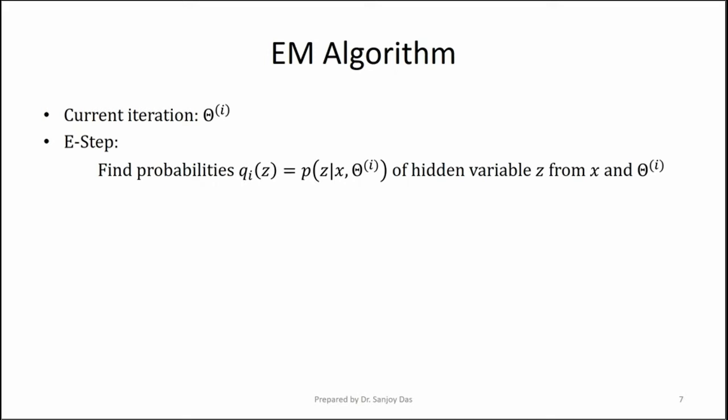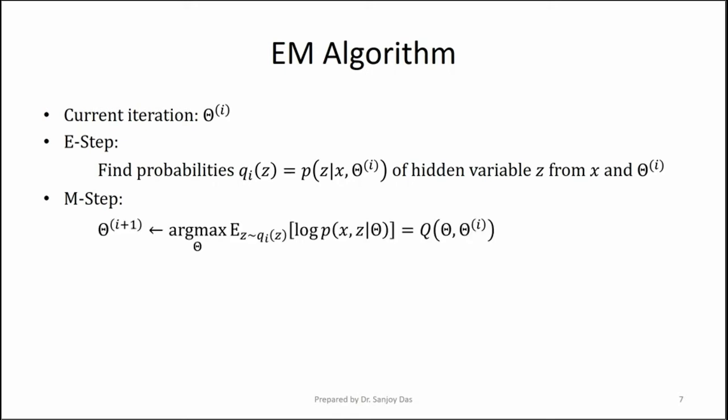So Qi(Z) is the probability distribution of the hidden variable Z. The M step is to find the maximum of the conditional expectation, when Z follows the distribution Qi(Z), of the log likelihood, log P(x, Z given theta), and that is the Q function Q(theta, theta i).